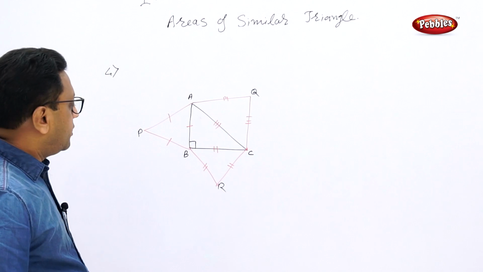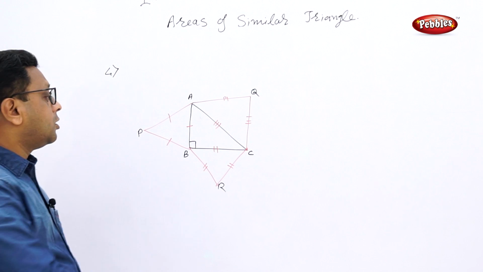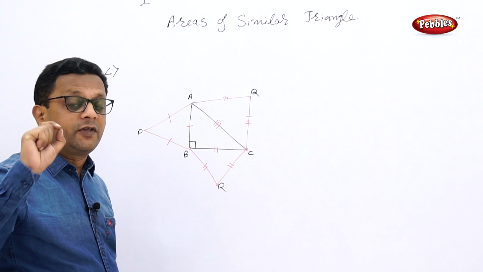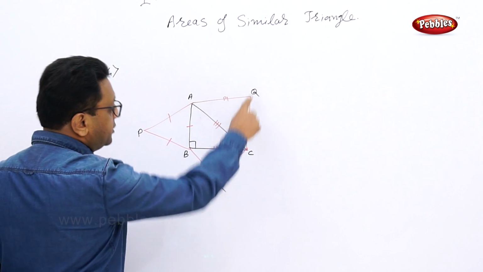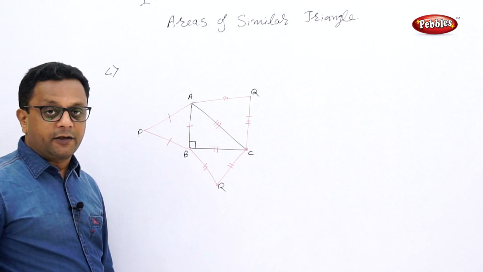What they say is that ABC is a right angle triangle. Now they have drawn an equilateral triangle on each side of this right angle triangle. That means AC is the base, and this is an equilateral triangle, this is an equilateral triangle, and this is an equilateral triangle.